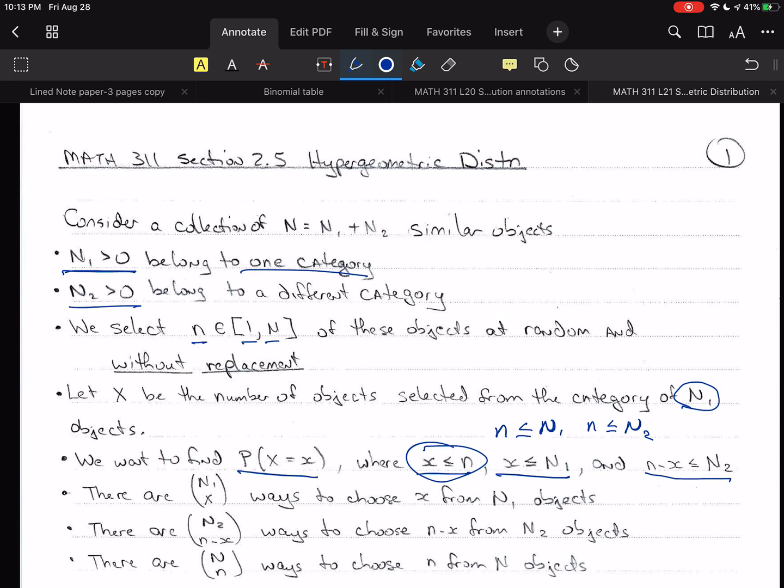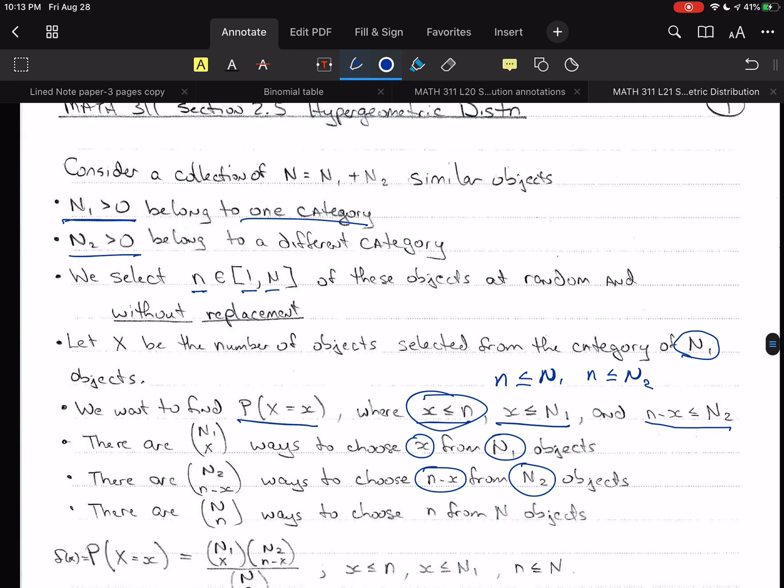There are N1 choose x ways to choose the x items from the N1 objects. And there are N2 choose n minus x ways to choose the n minus x objects from the N2 category of objects. And there are capital N choose little n ways to choose little n objects from N total objects.